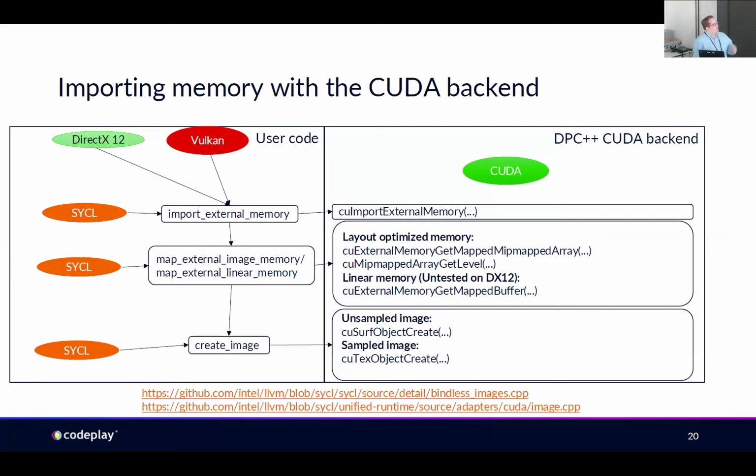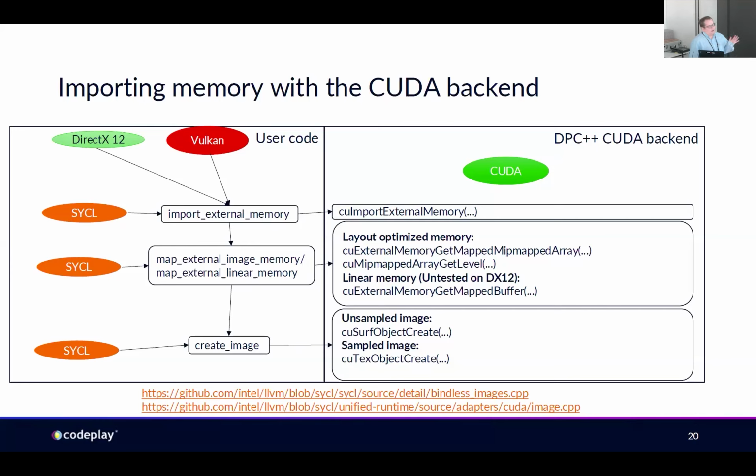You're calling cuExternalMemoryGetMappedMipmappedArray, which you then have to get the first layer of. There is no other way in CUDA; you always get it as a mapped array, which you can just select the first layer of and then you're on your way. It's just how they designed it. And then with USM memory, it's just cuExternalMemoryGetMappedBuffer.